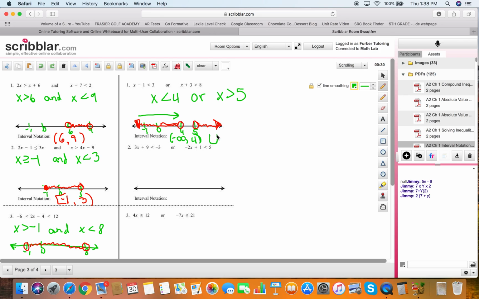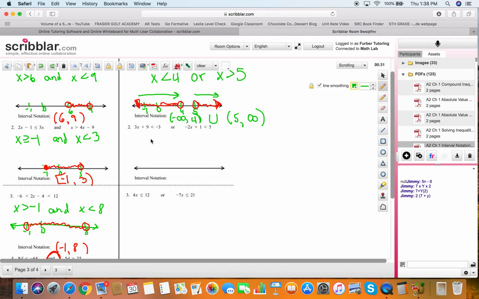Then I'm going to put the U, and then I'm going to keep going to the next graph. The next graph begins at 5, and it's an open circle, so it will be parentheses. And it keeps going to the right, and at the very end is an arrow, and that means positive infinity. And remember that infinity symbols always use parentheses. So it's actually this whole thing that is your solution or your answer, because it includes everything, okay?